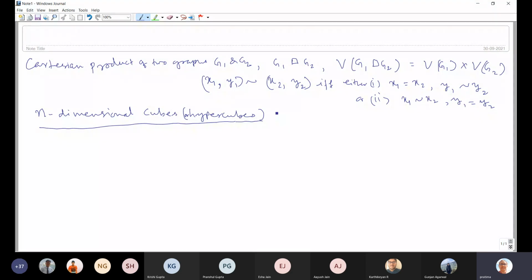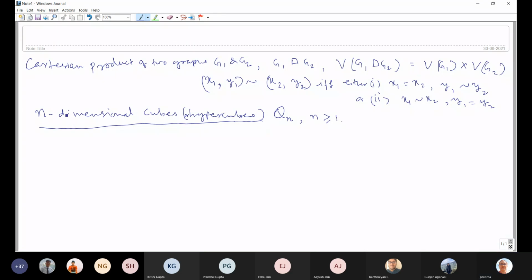The notation we usually follow is Qn for the n-dimensional hypercube, where n is greater than or equal to 1 and is an integer.